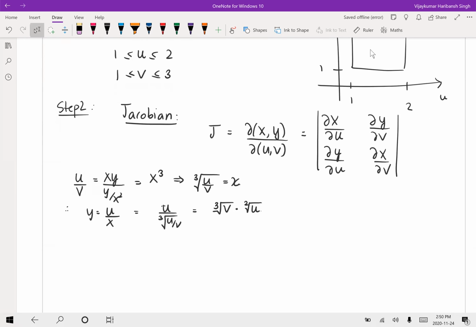So now how does our Jacobian J look? J is going to be the partial derivative of x with respect to u.